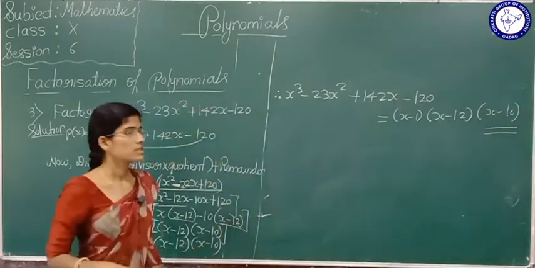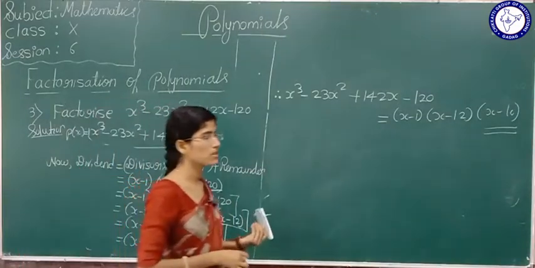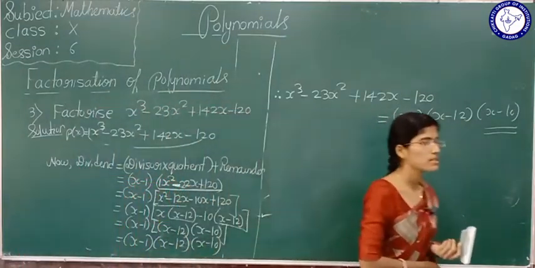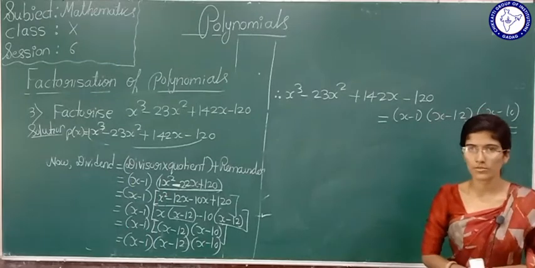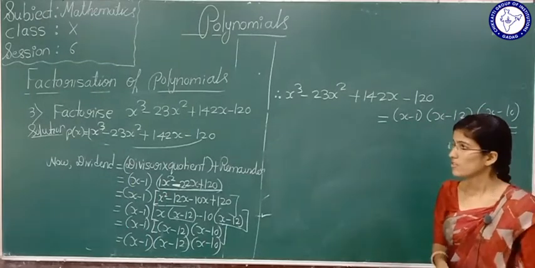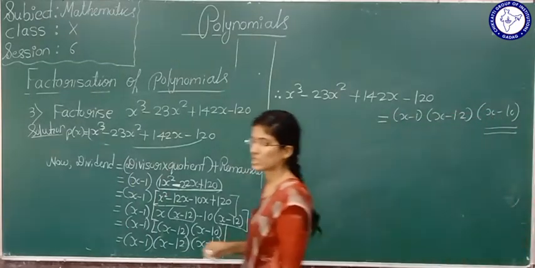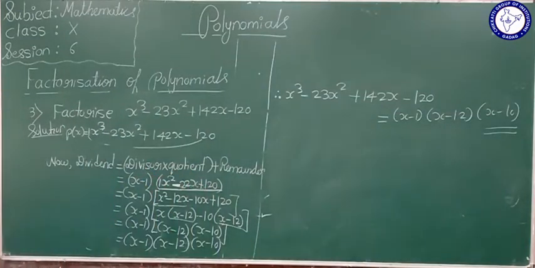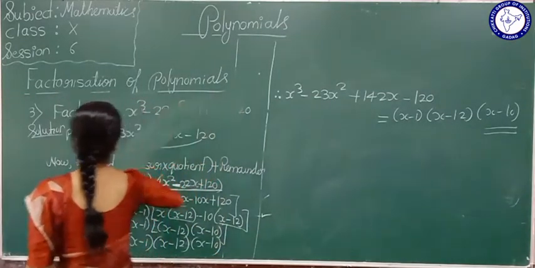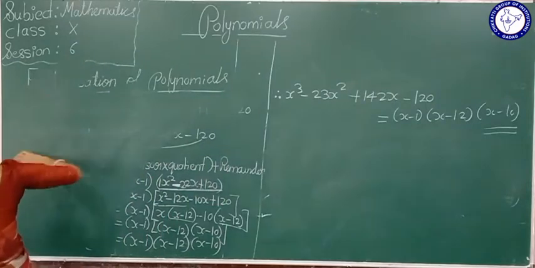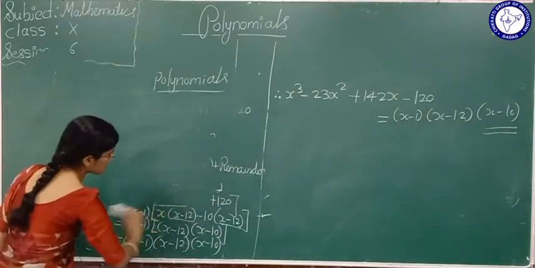Okay, see here how we factorize a cubic polynomial, you come to understand. So now we will see the exercise part of this. Now we will go for the exercise.